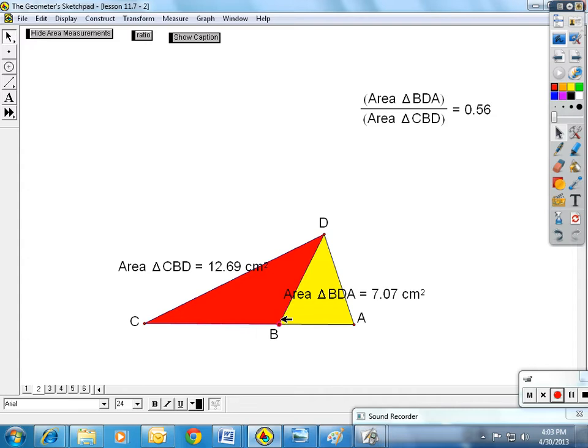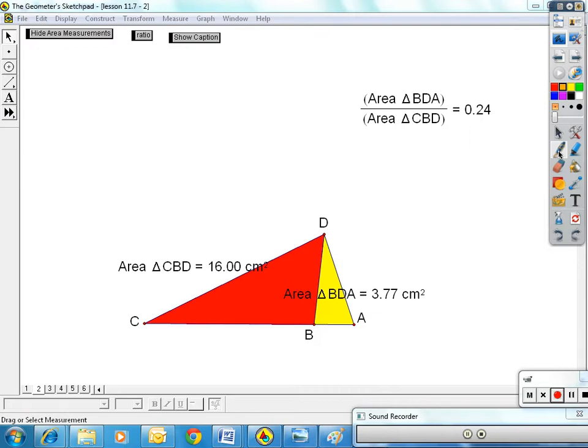As I adjust this, now notice that my ratio has gone down. Why has it gone down? Well, because my yellow area has decreased and my red area has increased. So I've got a larger number down on bottom than I had on top. So small top, large bottom gives a small ratio.